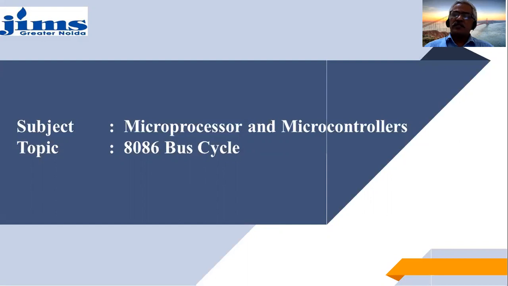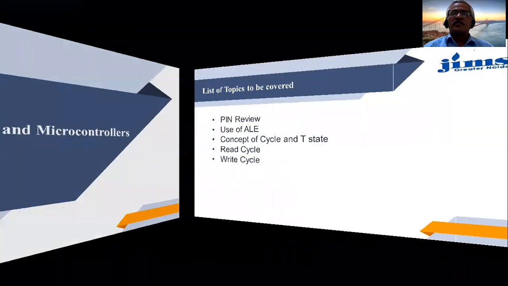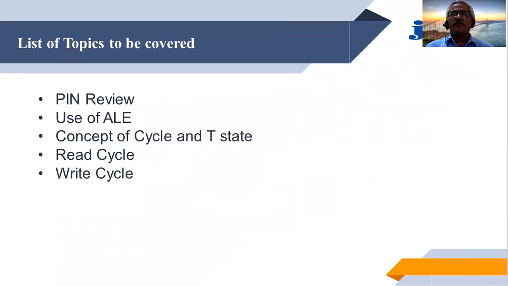So let's know in detail what exactly the bus cycle is and how it is in 8086. We will be moving through the following topics in this video. We'll take a review of a number of things required for this discussion.